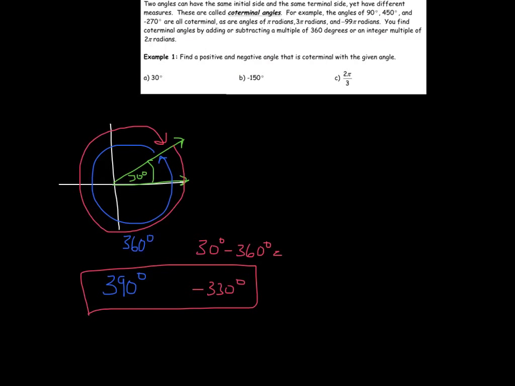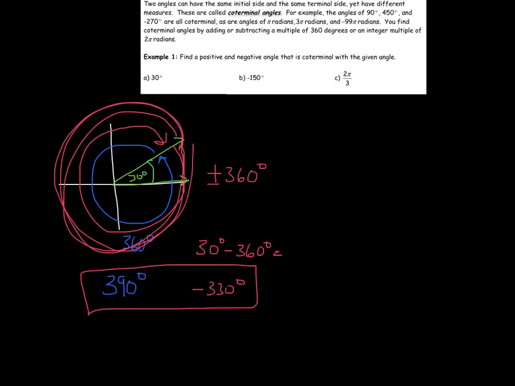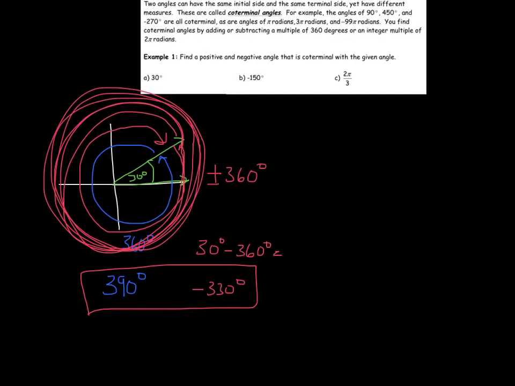So let's review. How do you get coterminal angles? You add or subtract 360 degrees. Now, just so you know, you can add 360, then add 360 again, then add 360 again. So what did we just learn? That every angle has an infinite number of coterminal angles because, watch my pen, you can go around the circle as many times as you want.